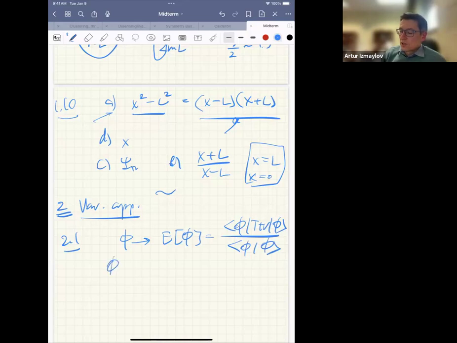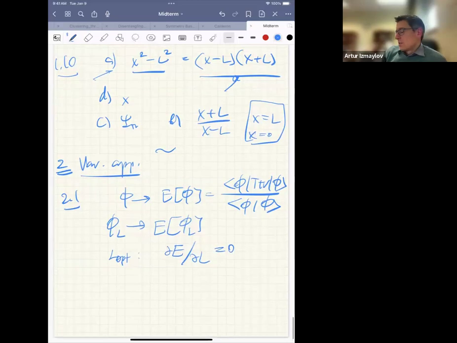Because the function depends on L, the energy functional will also depend on L. And then to find the optimal L, I will solve the equation dE over dL equals 0. After solving this, we get the optimal L, and we get essentially phi of L optimal.